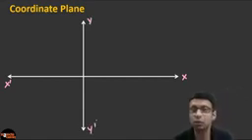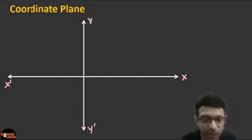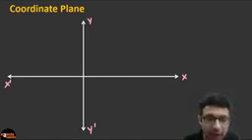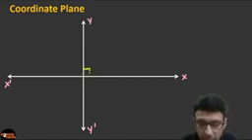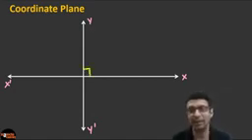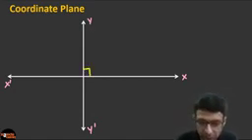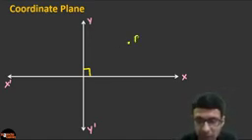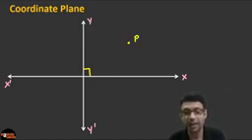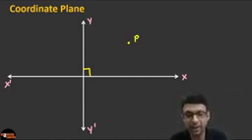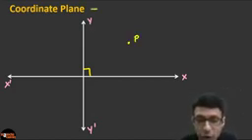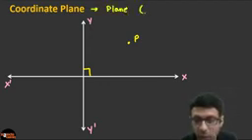These two lines, the x-axis and y-axis, are mutually perpendicular, so they are at 90 degrees. We are interested in representing a point, let's say somewhere here. We are using the x and y axes because now we are talking in two dimensions. So this is a plane, a 2D thing.